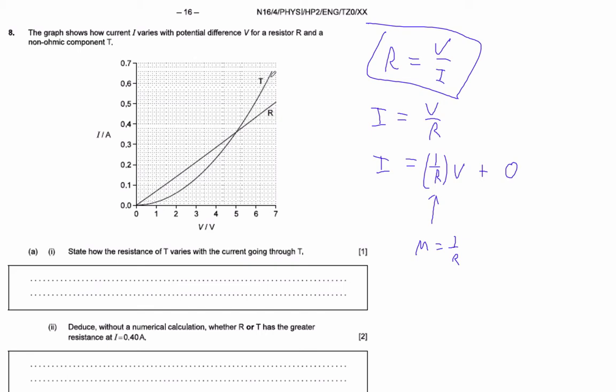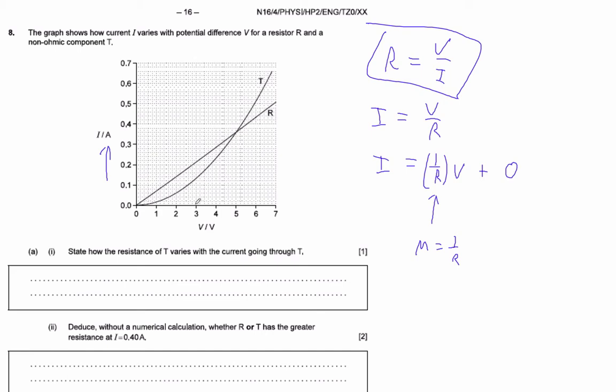So what's happening to this thing is as the voltage increases and as the current increases, this thing is getting steeper and steeper. In fact, it starts off with more resistance than the resistor, and then it has less resistance at the end. The resistor stays constant.